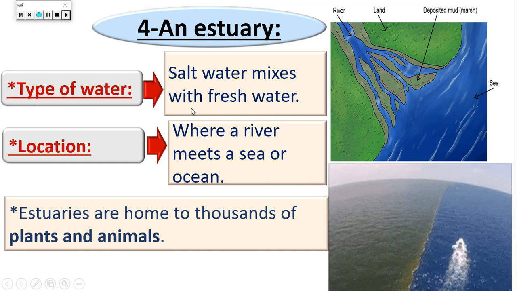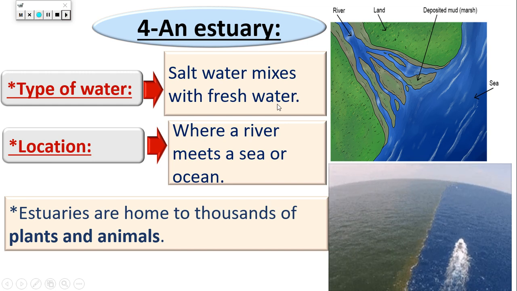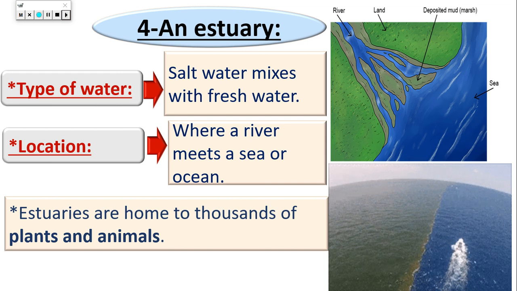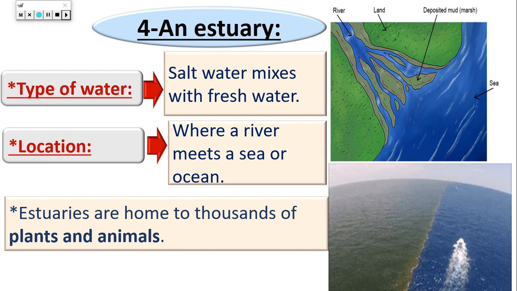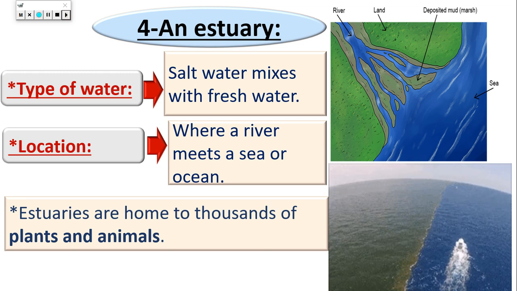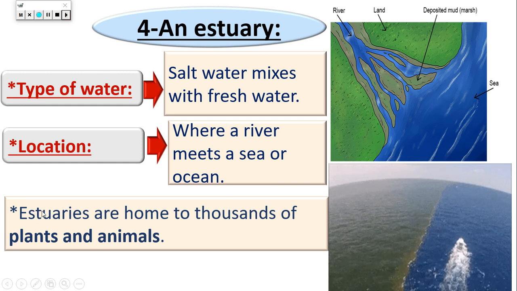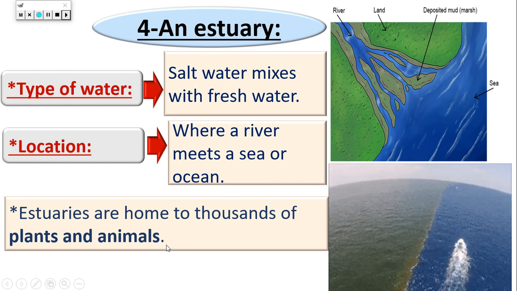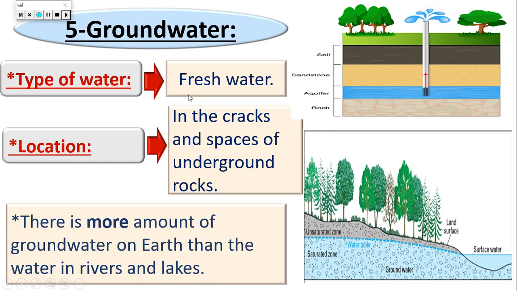As it contains this mixture, all the living organisms that live in salt water exist in the estuary, and all the living organisms that exist in fresh water exist in the estuary. So the estuary contains thousands of living organisms, plants and animals, because it has a mixture of salt water and fresh water.